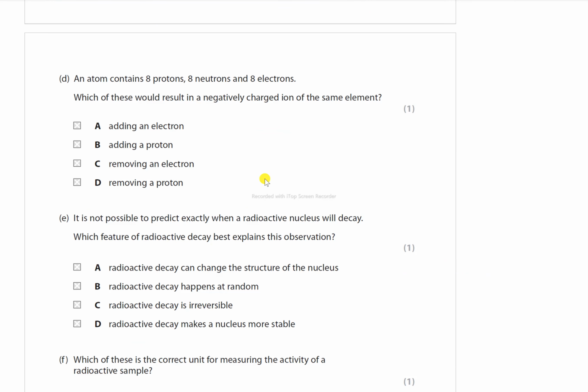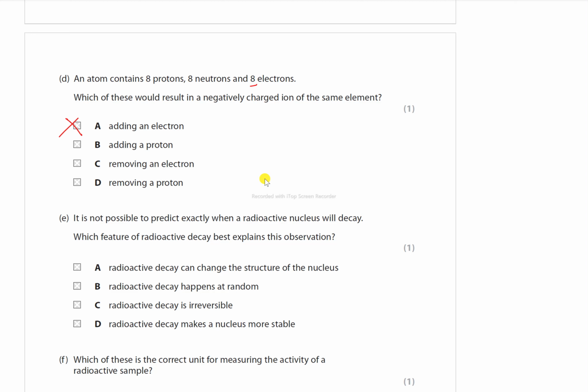An atom contains 8 protons, 8 neutrons, and 8 electrons, which would result in a negatively charged ion of the same element if you add an electron. Right, let me just try to draw this out.